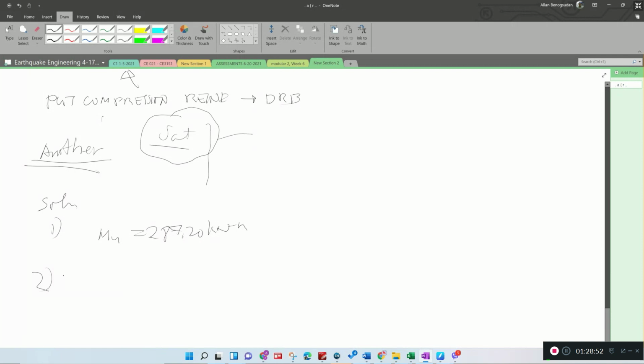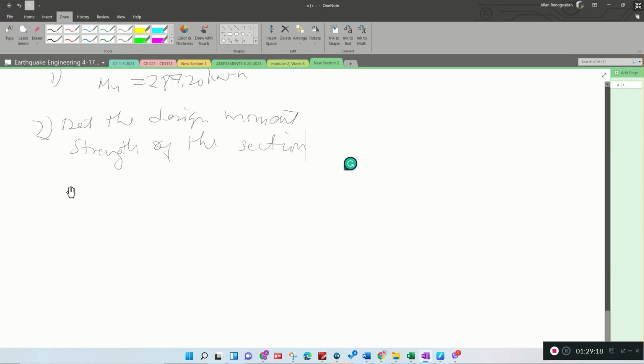Now here I would like to say determine the design moment strength of the section using Rho max. Okay, using Rho max of the section using Rho max.